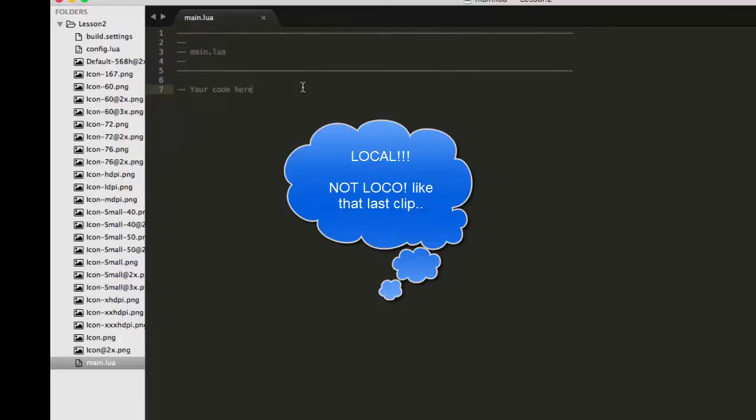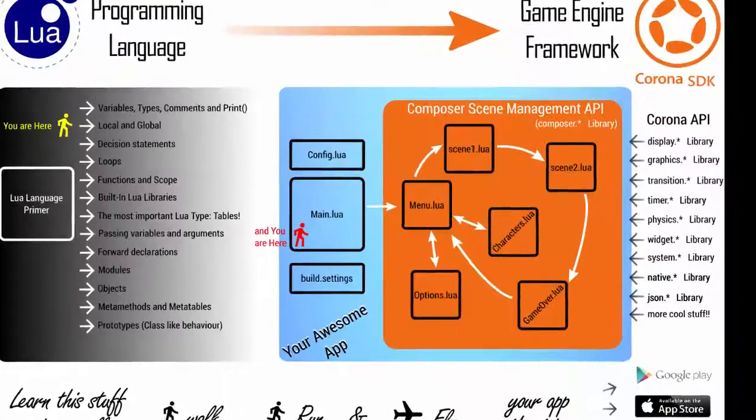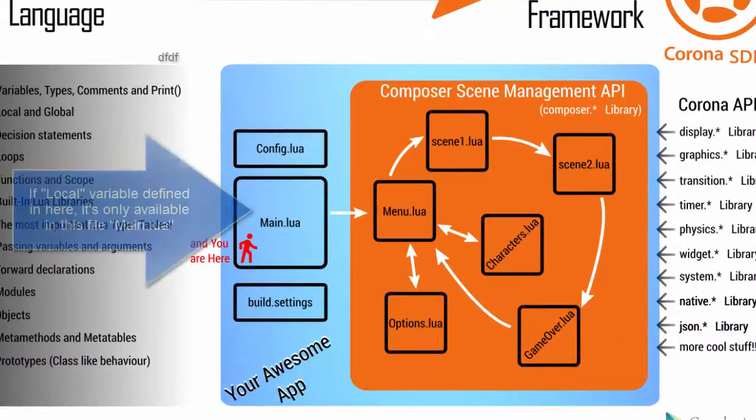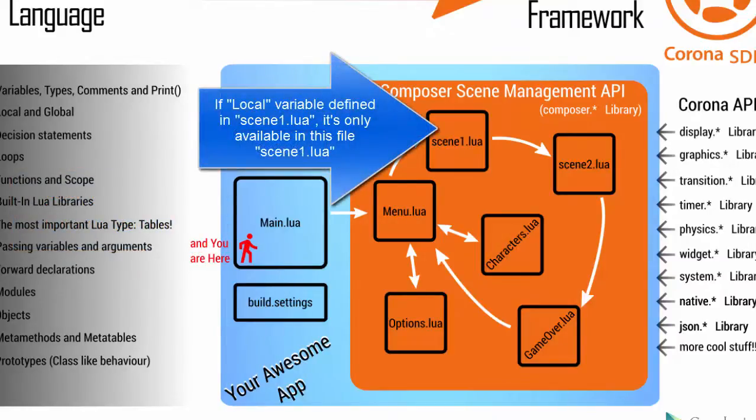The main reason for that is the local keyword will create a variable which is optimized for performance and simply available in that local chunk of code, or within that particular file level.